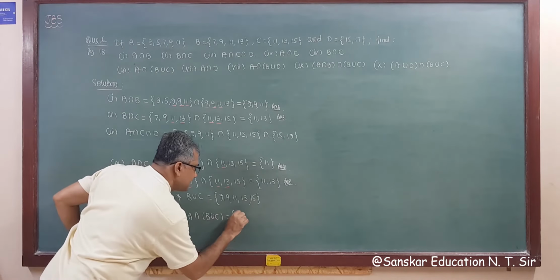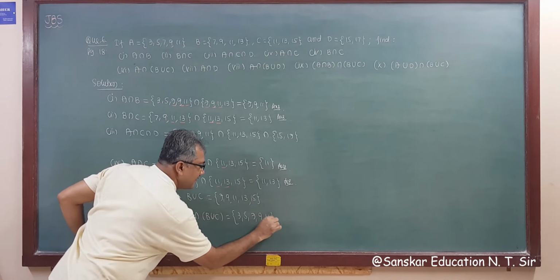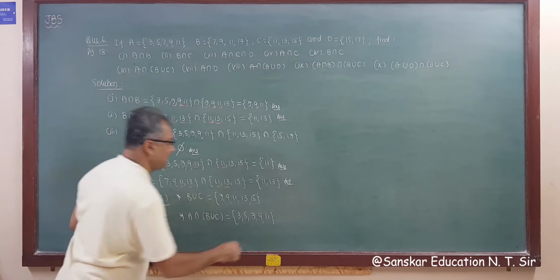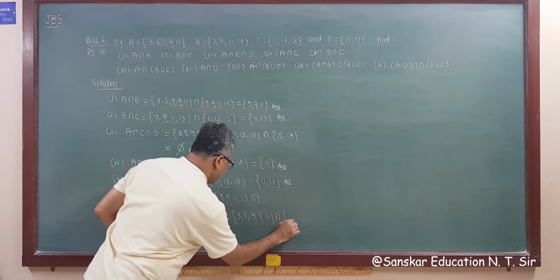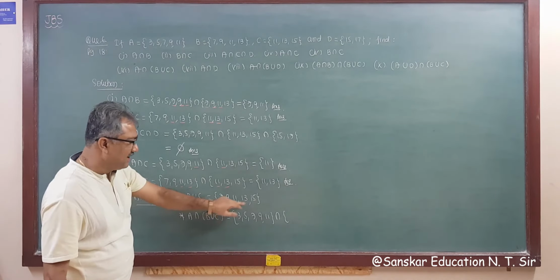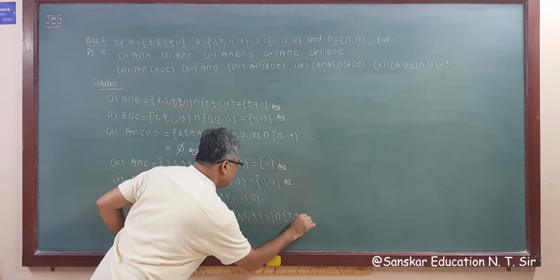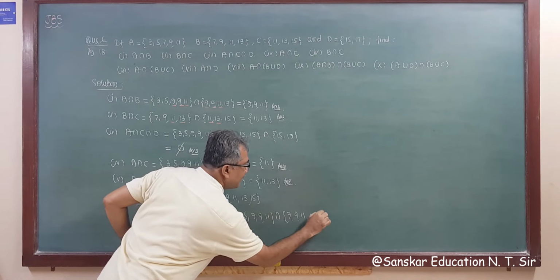Intersection with B union C, which is the set 7, 9, 11, 13, 15.